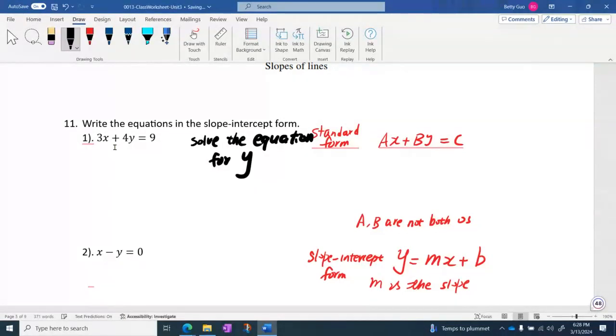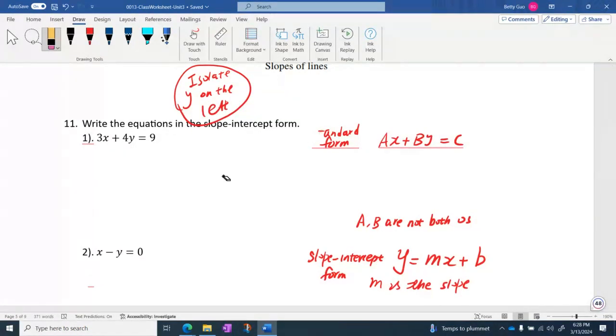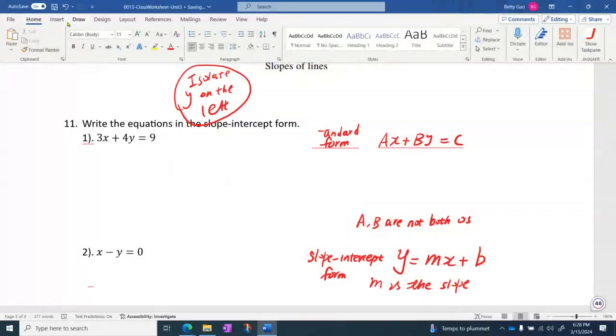Our goal here is to isolate y on the left, because the slope-intercept form has variable y on the left side by itself. That's the reason.